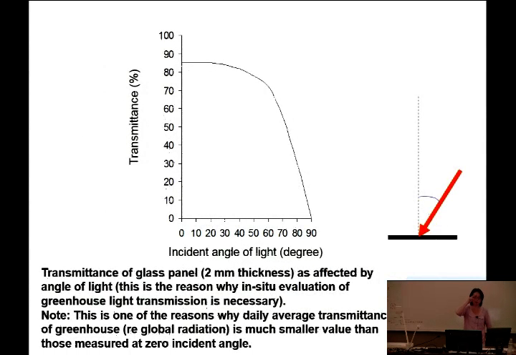And then another important piece of information to understand greenhouse light transmission is the reflectance relative to the incident angle. So the light beam, right, relative to the perpendicular angle. If the incident angle is 0 degrees, that means the light beam is coming at a perpendicular angle, and in that case, usually you get the highest transmission.